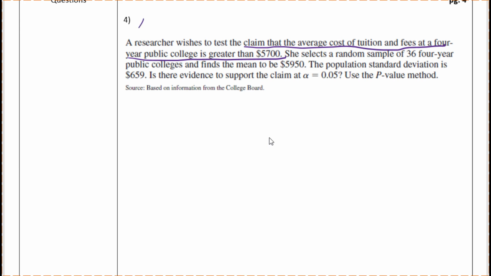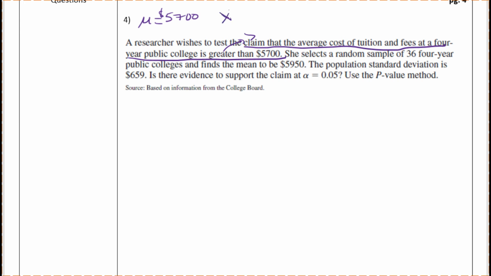We know that the mean is based off of the claim. The claim is that it's greater than, so this is the greater than symbol. Basically we're testing $5,700. So mu equals $5,700 in our calculations, right? Even though the claim says it's greater than, we're going to be testing at $5,700.